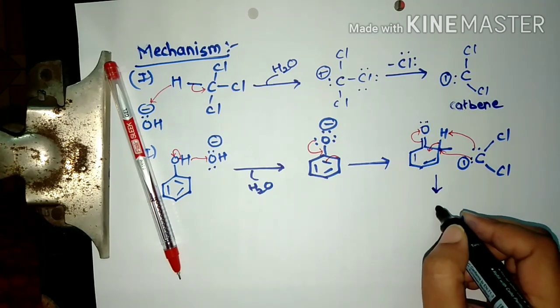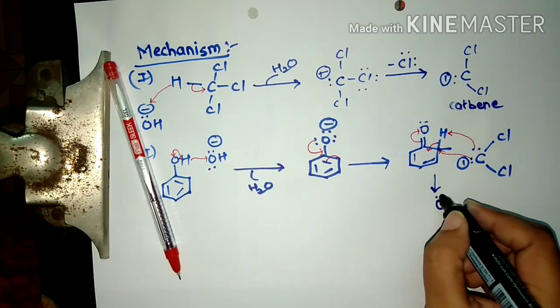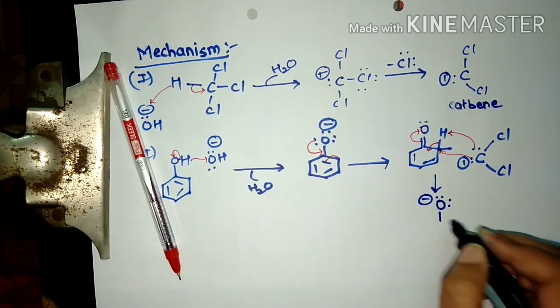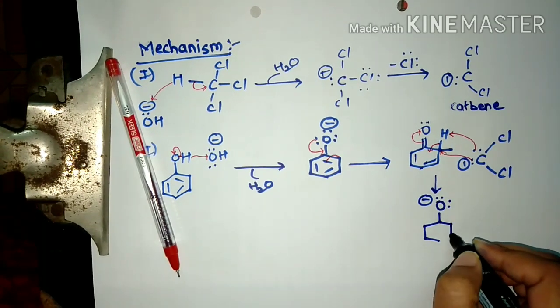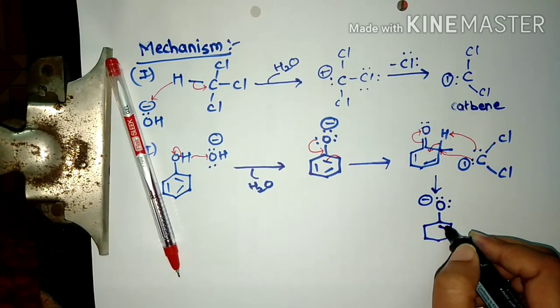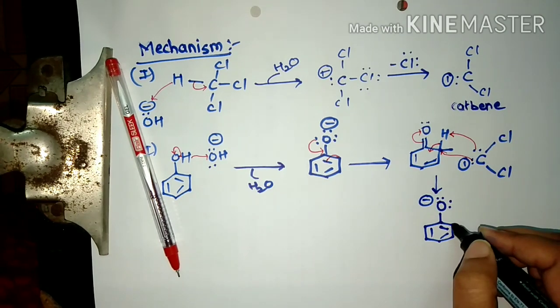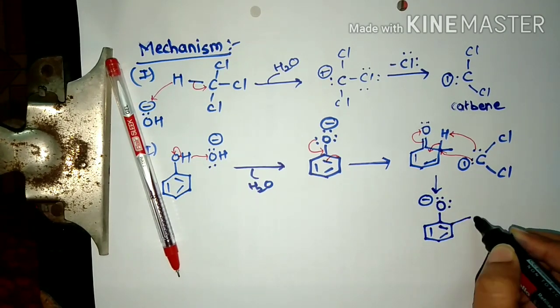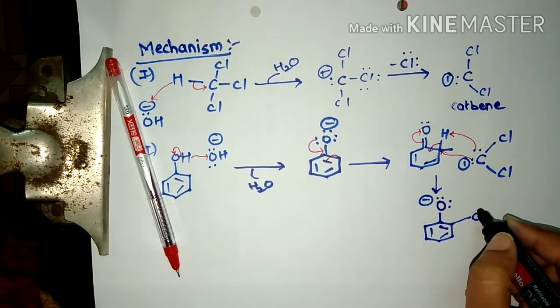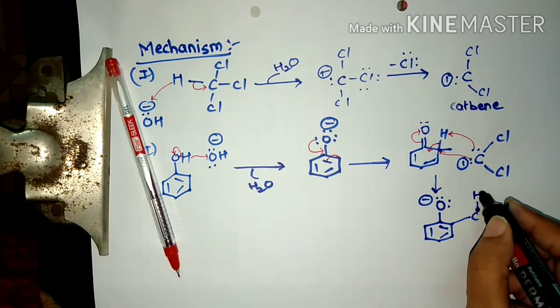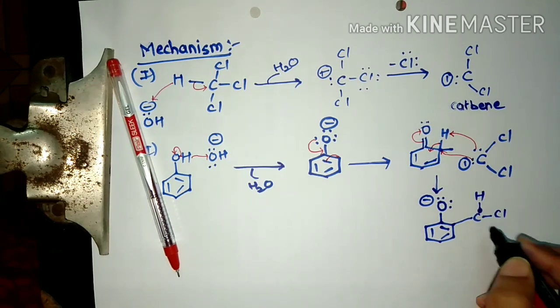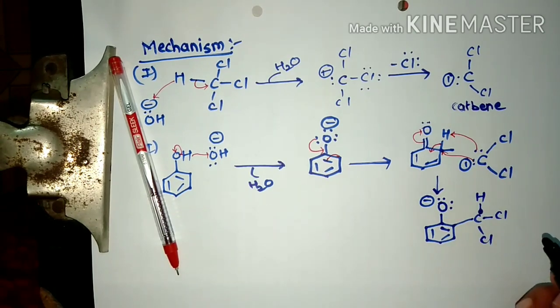So let's draw, oxygen becomes O minus again. Again benzene is aromatized. Carbon, hydrogen, chlorine and chlorine.